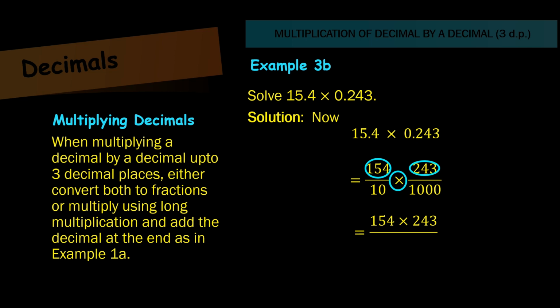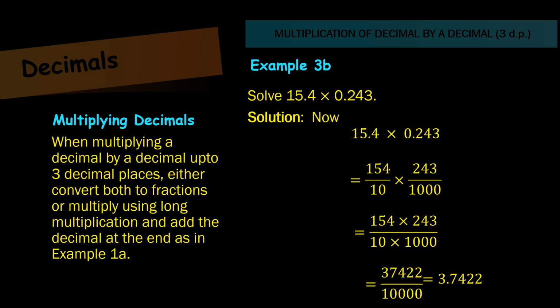Multiply the numerator by the numerator and the denominator by the denominator to give 37,422 out of 10,000, which is equal to 3.7422.